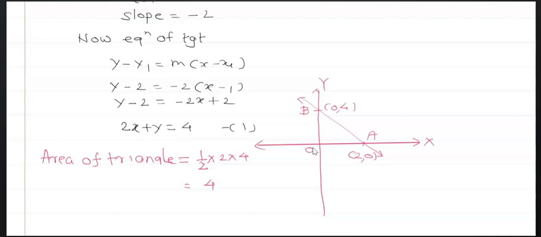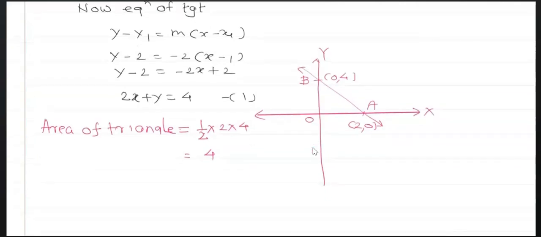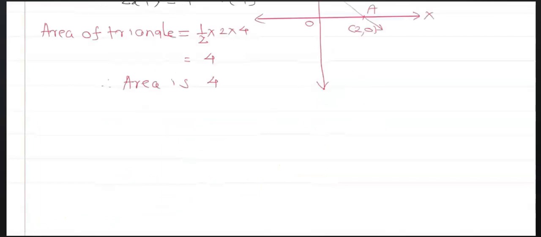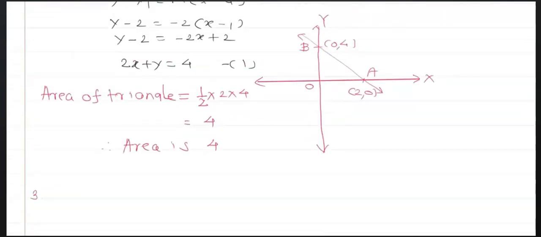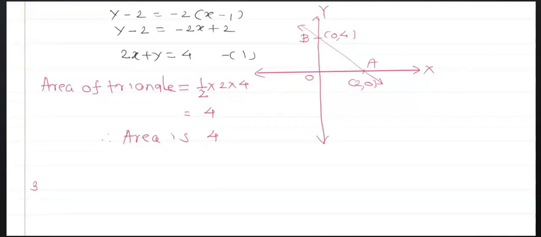Therefore, the area of the triangle is equal to 4. This is the area.